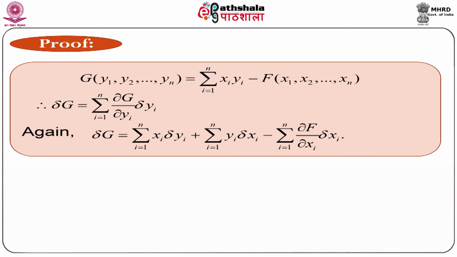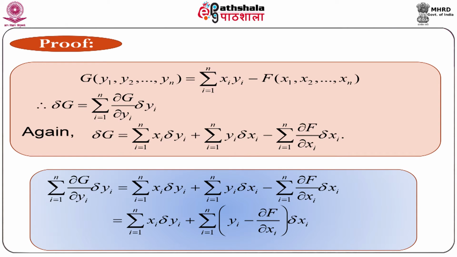Again, delta G can be written as delta G equals summation i equal to 1 to n xi into delta yi plus summation i equal to 1 to n yi into delta xi minus summation i equal to 1 to n del capital F del xi into delta xi. We have taken the variation given in the first equation.